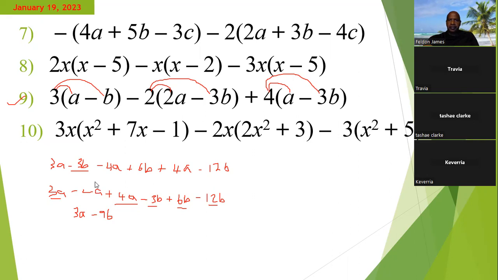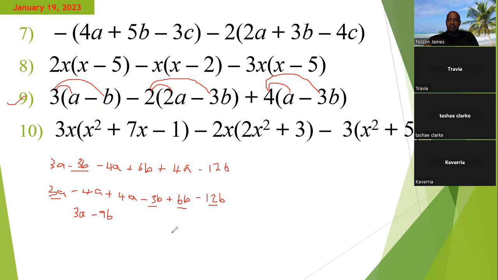For the A's, we have 3A minus 4A plus 4A. Because there's a negative 4A and a positive 4A, when you add those, you get 0. And so you're only left with what? 3A. Right, you're only left with 3A for the A's.